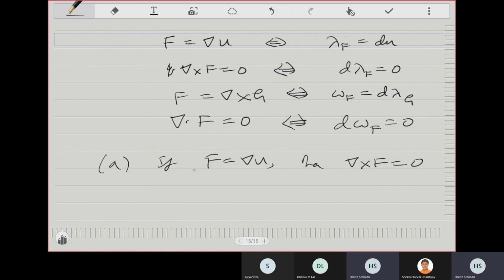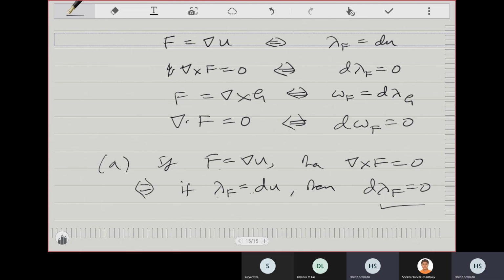Well, in terms of differential forms, this is the same thing as saying that if lambda f equals du, then d lambda f is equal to 0, right? And that of course is true because d lambda f is d of du, and we know that d squared is 0. So that's done.